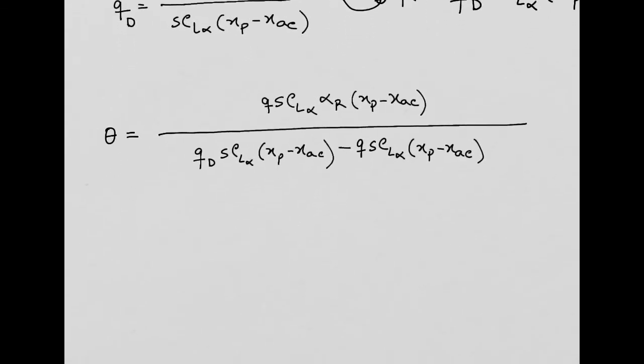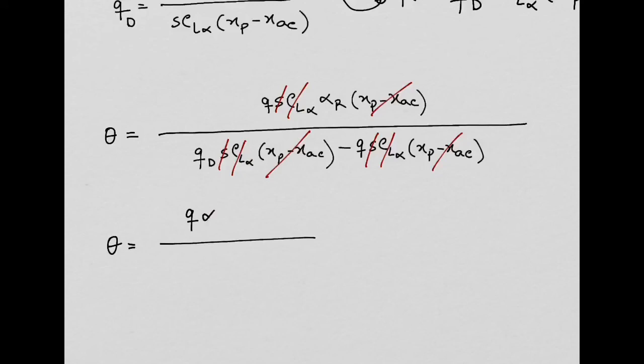What else happens here? Look at this equation now. The slope of lift coefficient cancels out. I love this bit. This xp minus xac cancels out as well. Another thing that cancels is the area, S. So at the end, we get this theta equal to something which is Q alpha R in the numerator, and in the denominator we have the divergent dynamic pressure minus the dynamic pressure.